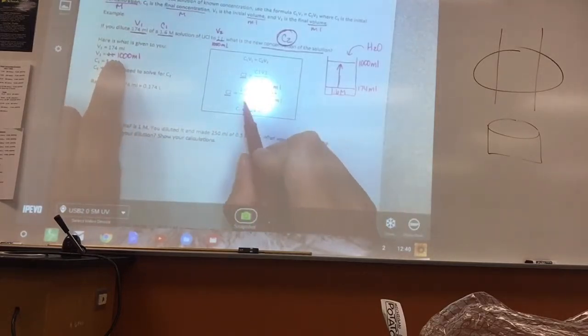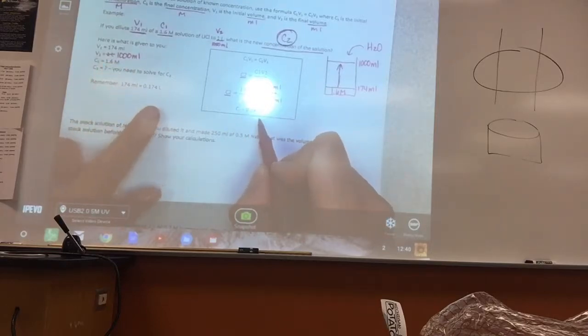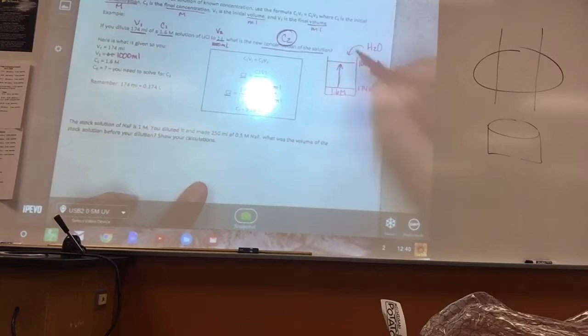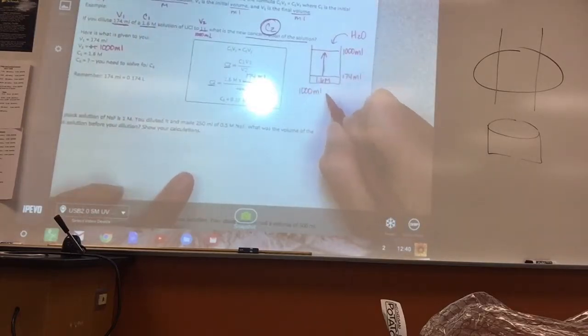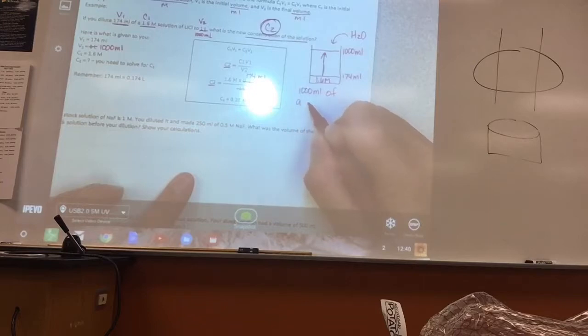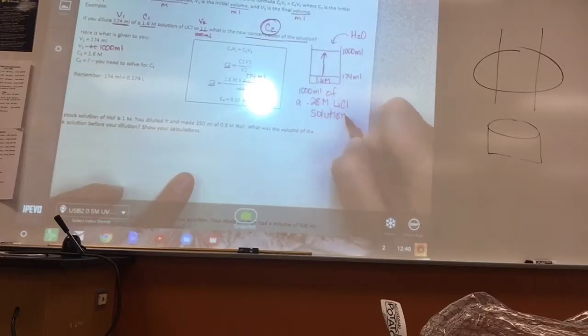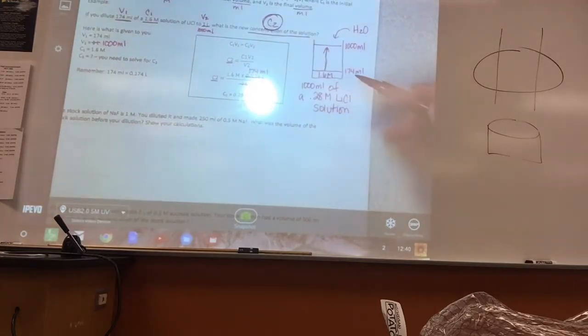And so we multiply this, divide by this, and our C2 is 0.28 molar concentration. So now I have 1,000 milliliters of a 0.28 molar lithium chloride solution. All right, so that's what I have. So I've diluted that from a stock solution that was more concentrated.